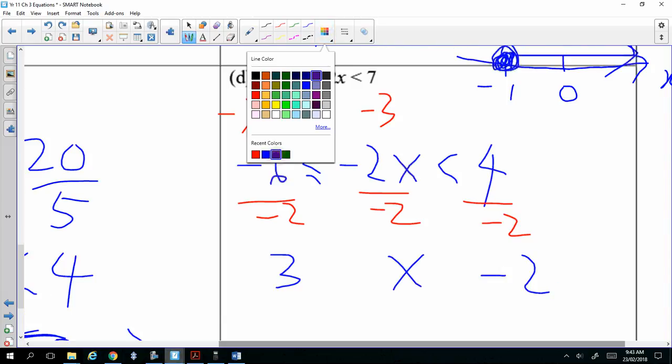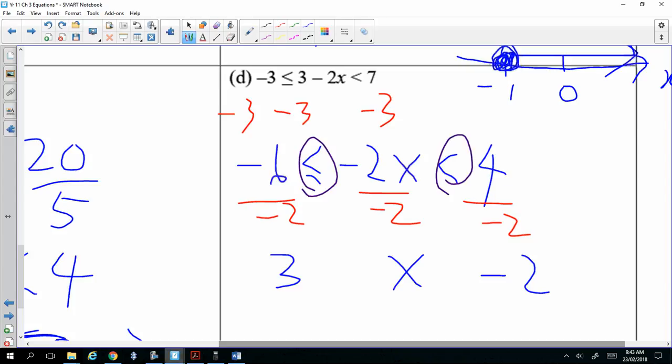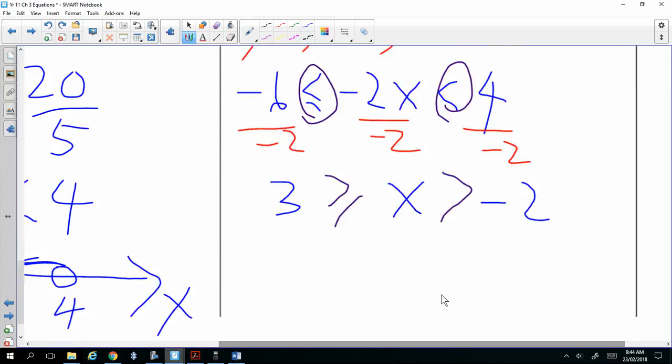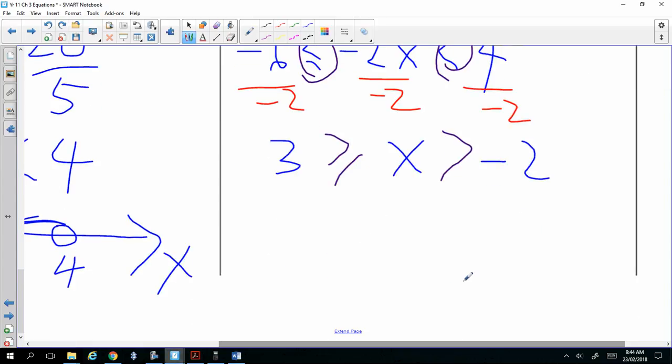And due to this result, we should swap sides. To swap the sides, you put the -2 on the left: -2 less than x, less than or equal to 3. Like that.